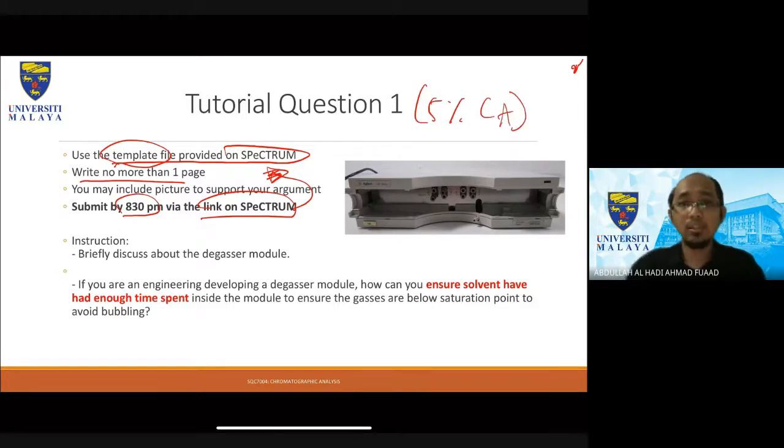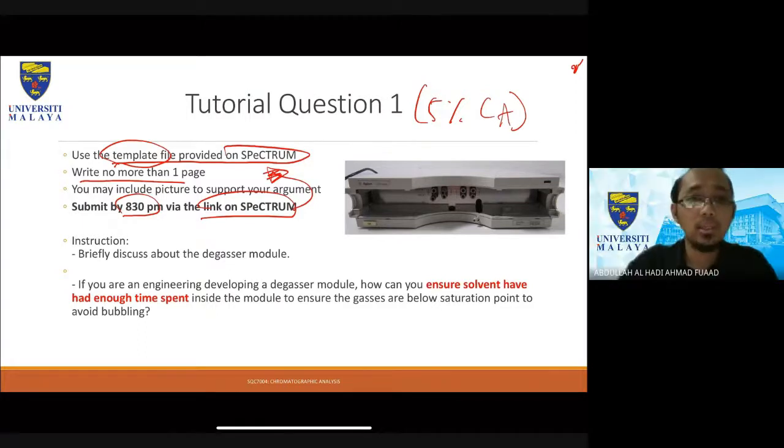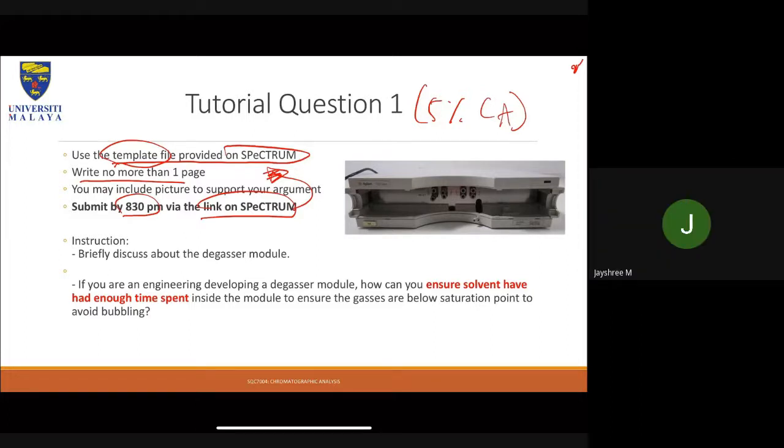Can I open the submission link? Oh, perhaps I still have it locked. It shows that it can only be opened by the owner. Okay, let me see. Yes, it can only be opened by the owner. Is it in Google Form or in Spectrum? Doctor, the Google form says that we need permission from the owner.